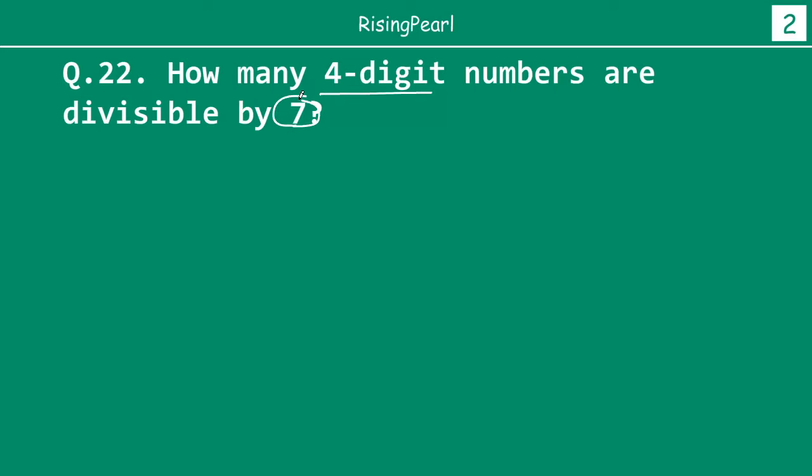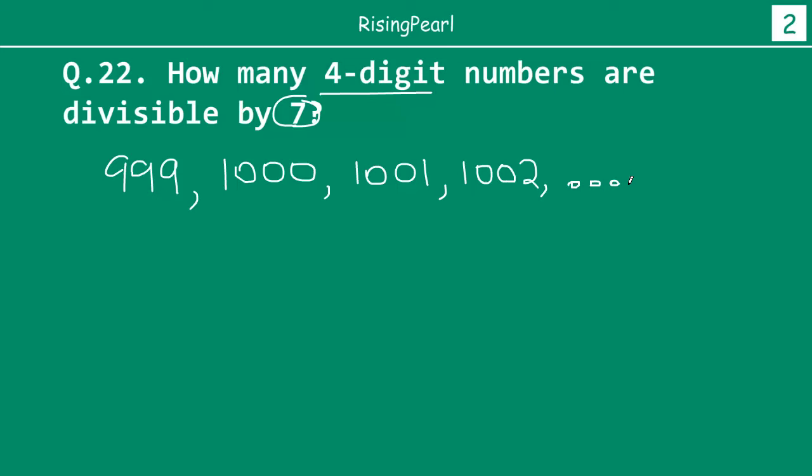So it's very similar to the last question, right? So what is the greatest 3-digit number? Clearly that is 999, right? And then we start writing the 4-digit numbers: 1000, 1001, 1002, and we write like this till we get to 9999, and then we get 1 and 4 zeros, which is 10,000.